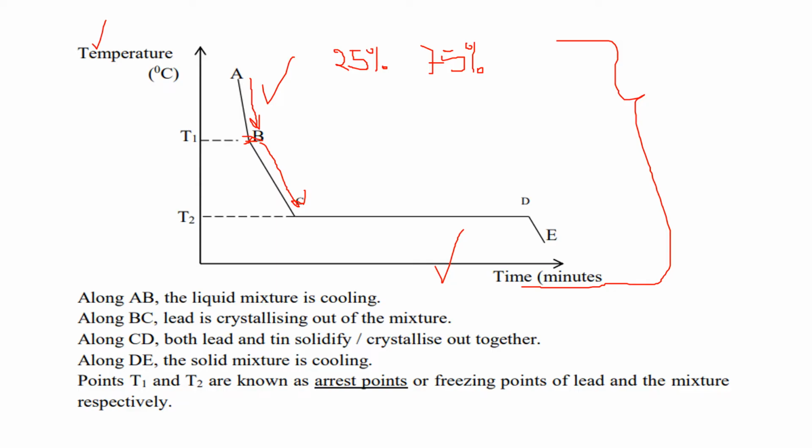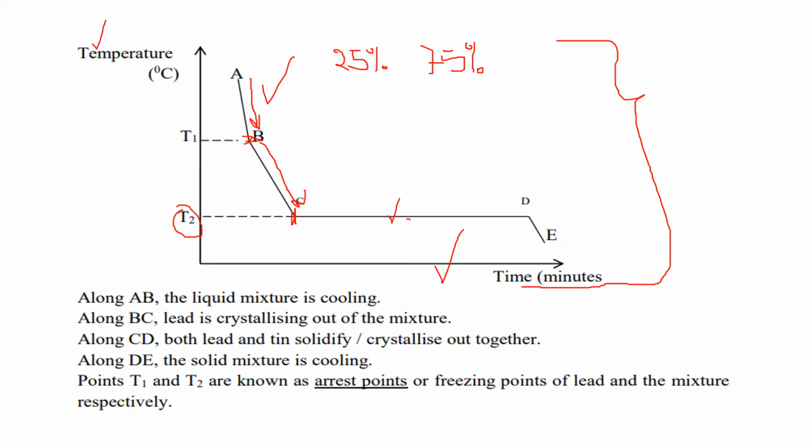I hope you have got that. Now, lead continues to crystallize out until point C is reached. Point C is where a constant temperature is attained. At this constant temperature, both of the components in the liquid mixture, lead and tin, are going to crystallize out.